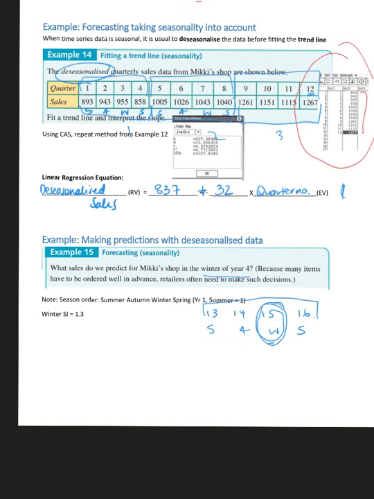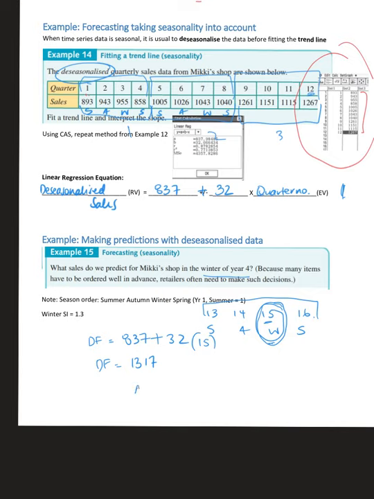So using my deseasonalised sales figure, the deseasonalised figure is given by 837 plus 32 times, I enter my quarter number, which is 15, which is 1,317. Now that is my deseasonalised figure, so if I put that as my answer, that would actually be wrong in this case, because I need to re-seasonalise that.